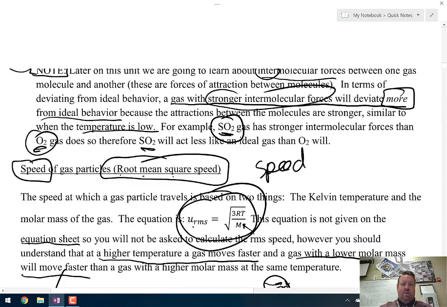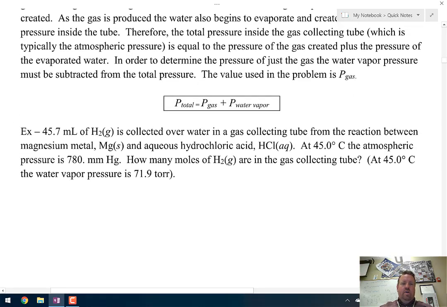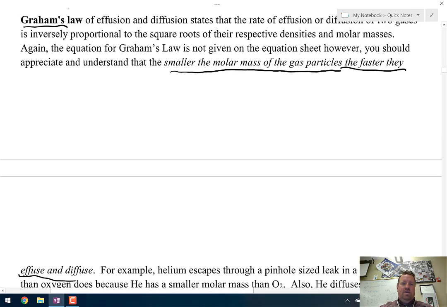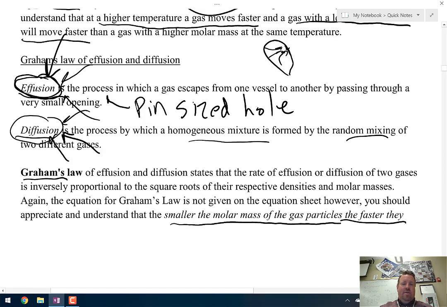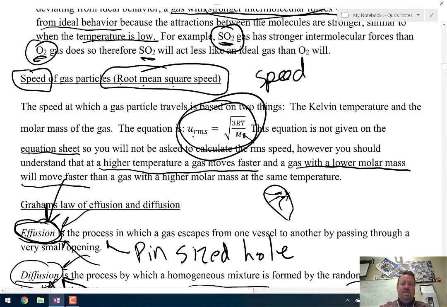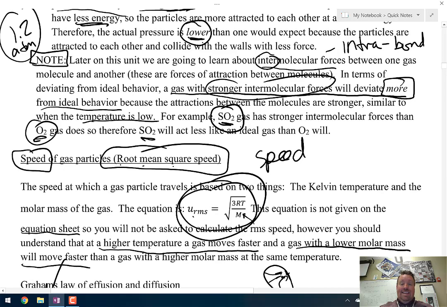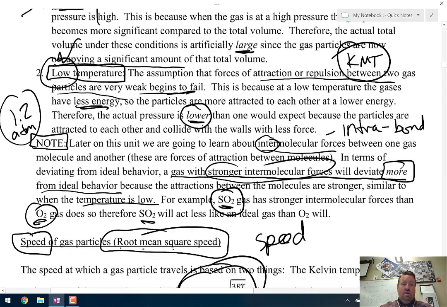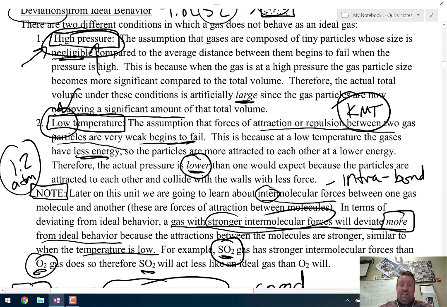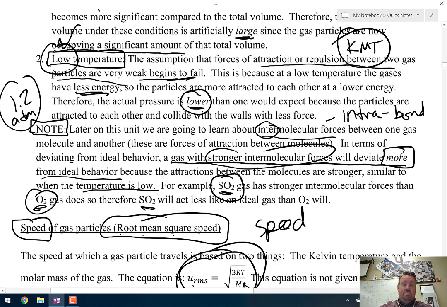So just a quick review of what we've gone over. We first started talking about deviations from ideal behavior. When gases are in an ideal condition, we don't say that they take up any space or that they are attracted to each other, but when the pressure is high and the temperature is low, they are attracted to each other more, and they do take up more space.